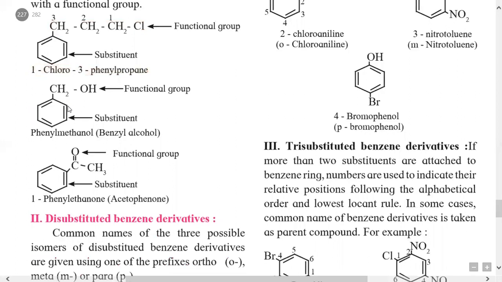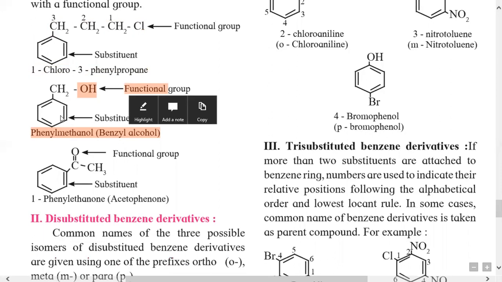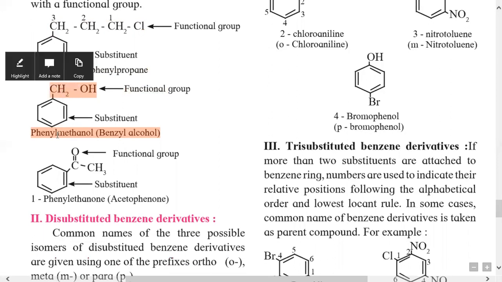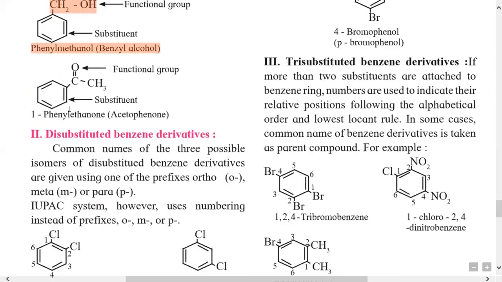Second example: here OH is a functional group. Now phenyl is considered a substituent and the name can be given as phenyl methanol. One carbon alcohol is methanol and the side chain is phenyl. Then here the CO is a ketonic functional group, and the substituent is a phenyl.